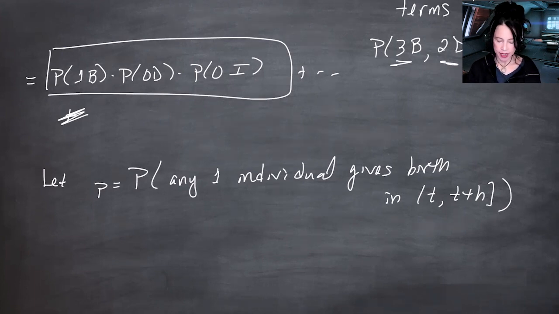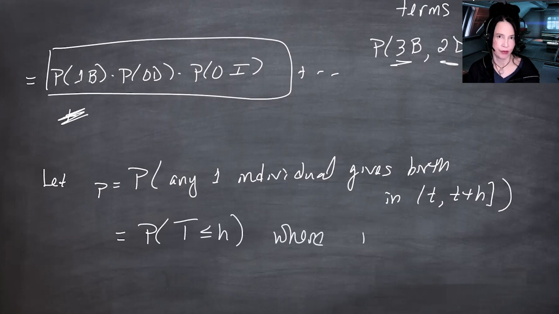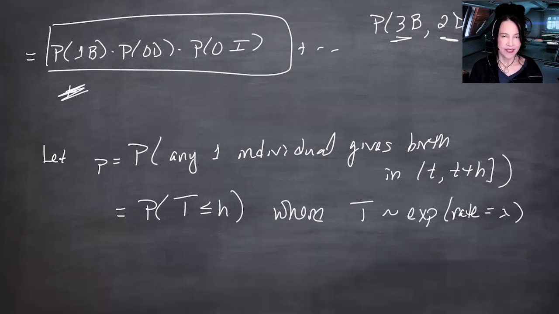And this, because it's exponential rate lambda, is the CDF. This is 1 minus e to the minus lambda h. We're going to try to mash everything into this little o form. You could use this in the bigger calculation and then eventually smash it into little o form, but I'm going to start right now.